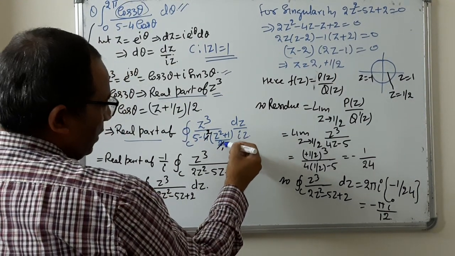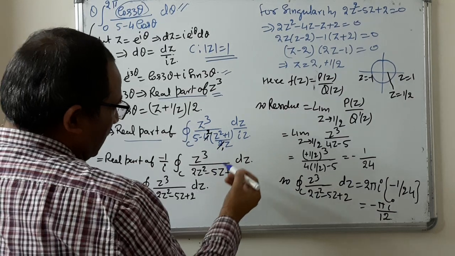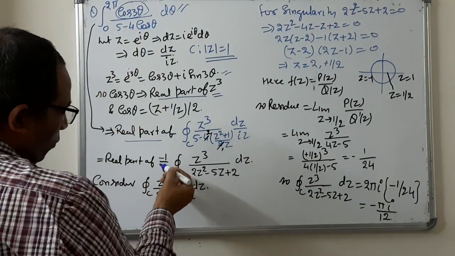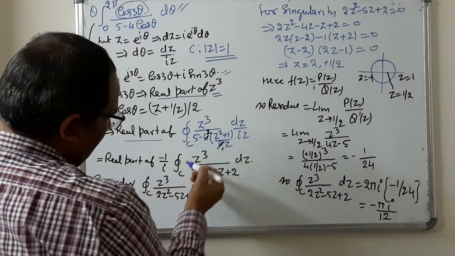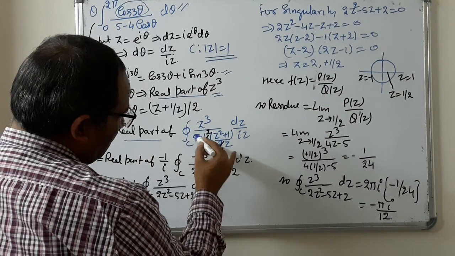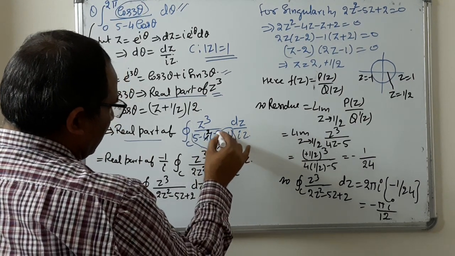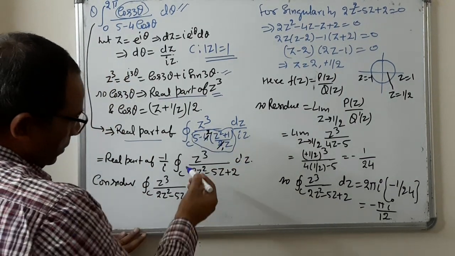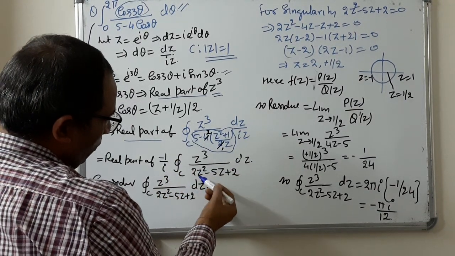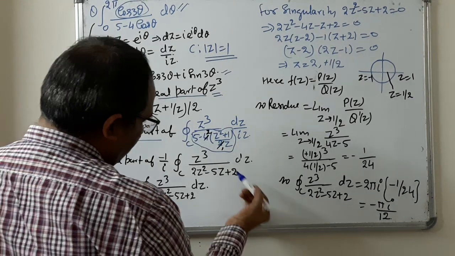We can cut down 2 from this 4 as 2 times, and dz upon iz, right? Take 1 upon i as common, we write integration z square upon, and also take the minus sign from this denominator as common. So we get minus 1 upon i integration on c z cube upon 2z square minus 5z plus 2.